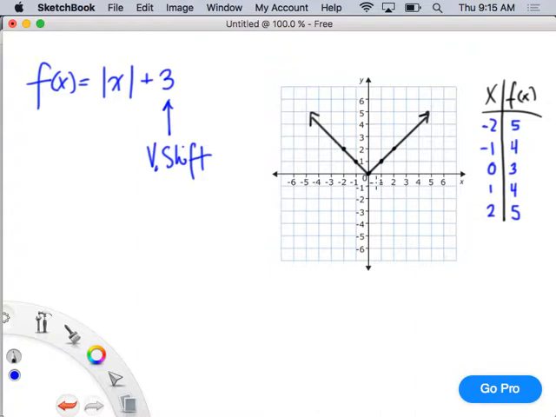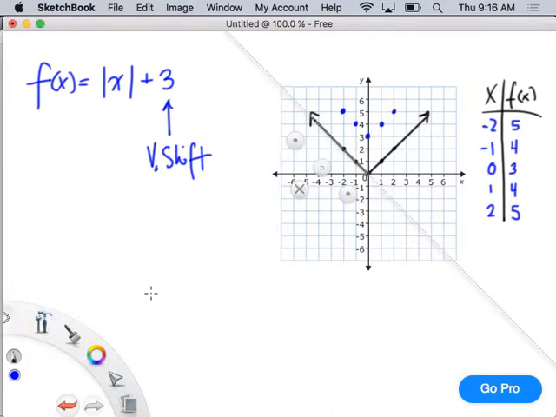So I have -2, 5. -1, 4. 0, 3. 1, 4, and 2, 5.